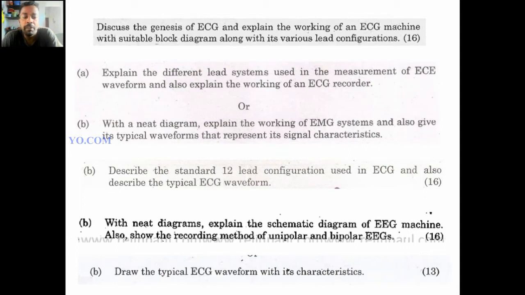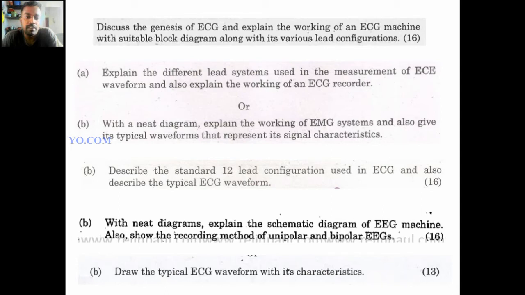Unipolar, bipolar, these are the configurations. So the block diagram of ECG recorder and the explanation of blocks, then different lead systems. Explain the different lead system used in measurement of ECG. That means the Einthoven triangle, along with the lead system, and explain the working of ECG recorder.